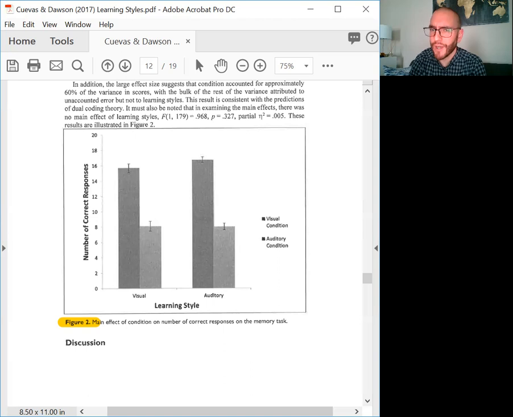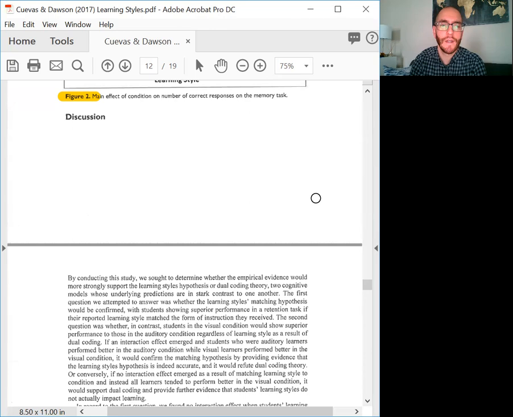So we've made this prediction that if we match instruction to student learning styles, that'll enhance learning. Do we have evidence here to support that notion? So go ahead and read through the results section again, not paying attention to the statistics, but focusing in on this figure and the authors' interpretation of this figure.